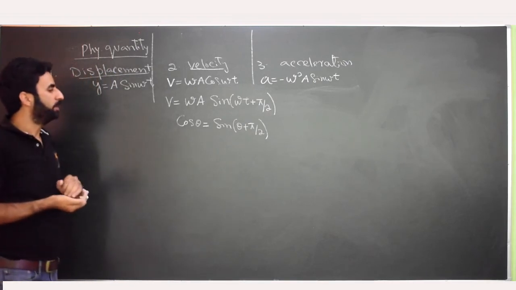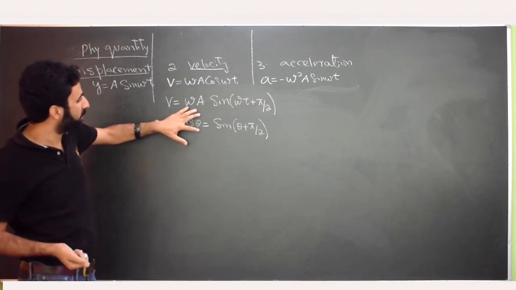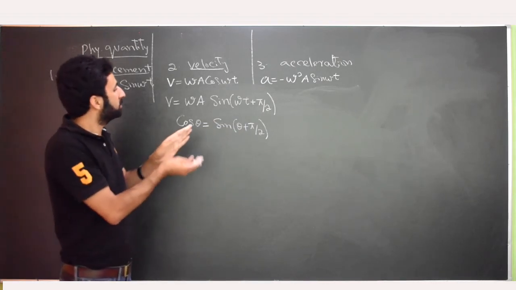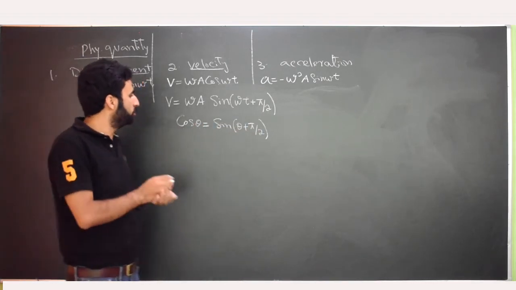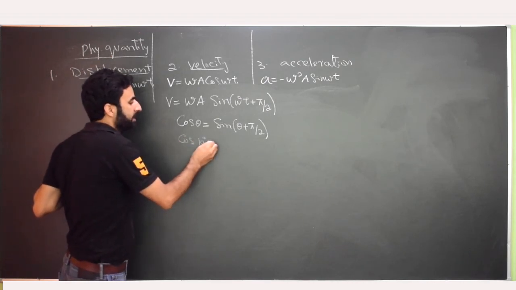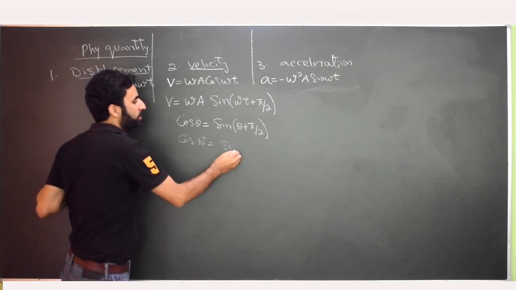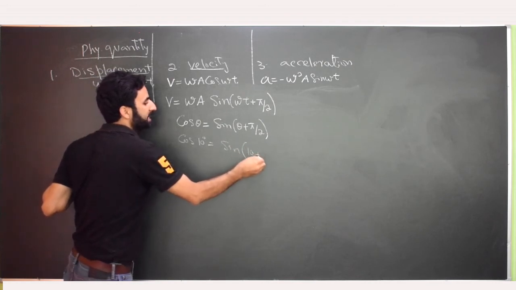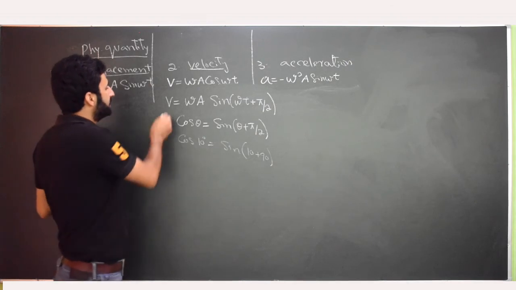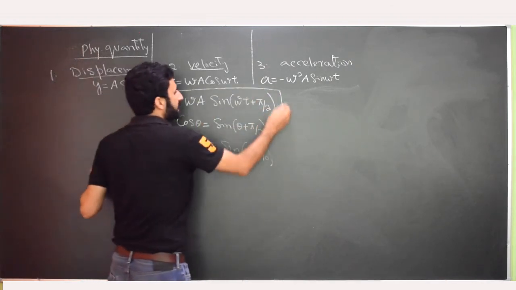Meaning whatever value cosine will have at a particular angle, sine will have the same value at 90 degree plus that angle. Suppose cos 10 degree will be the same as sine of 10 plus 90 degree. So that way it goes. Okay, so this is the expression for velocity we get.